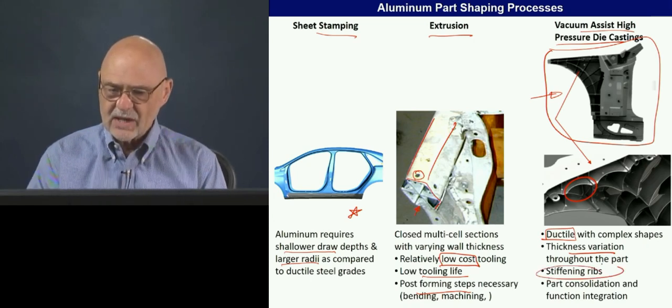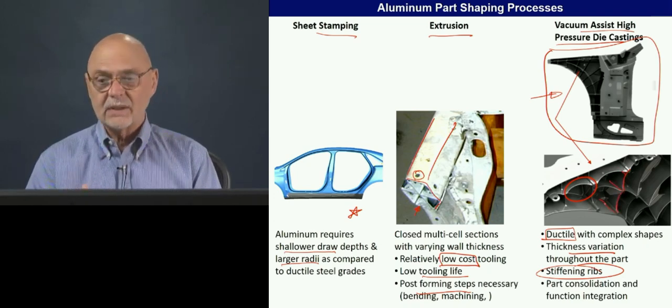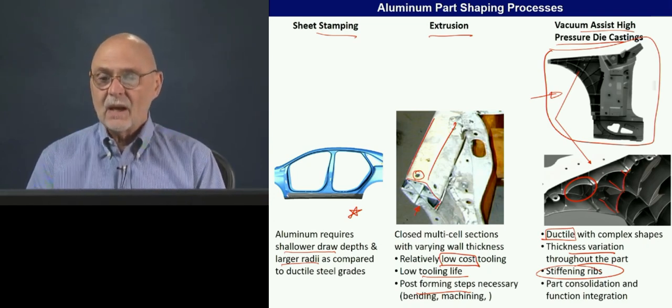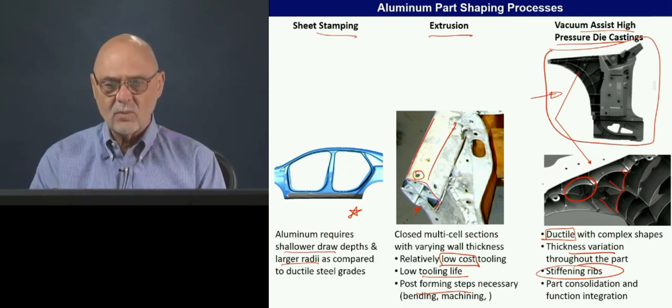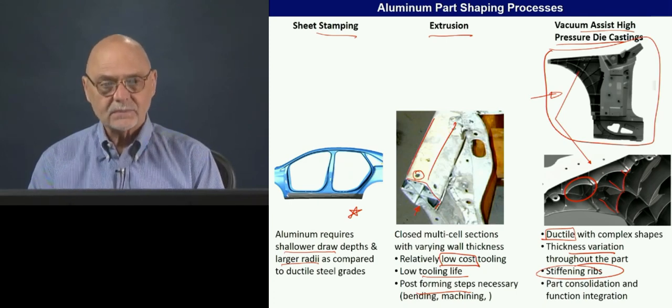The other interesting area here is we can add stiffening ribs like you see here, primarily to prevent buckling and to increase the rigidity of the part. So these are the interesting processes with aluminum, a wider range of options that we have.